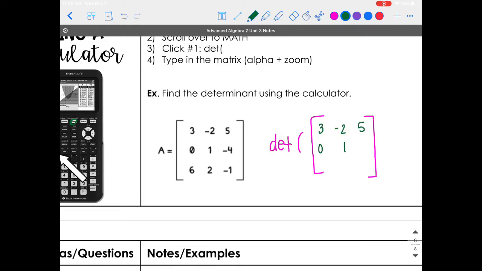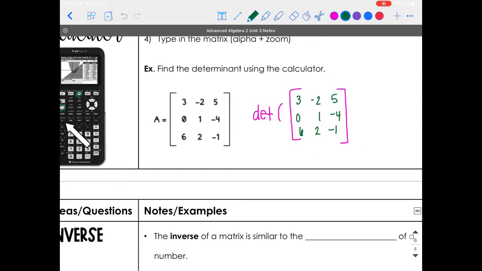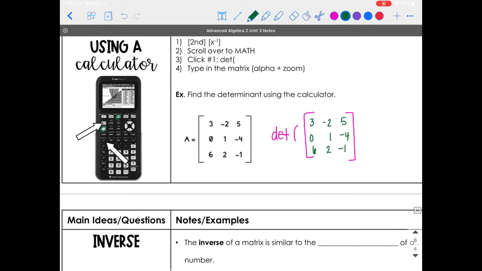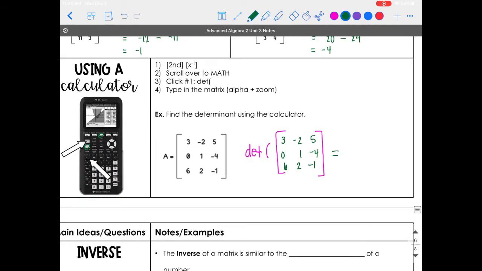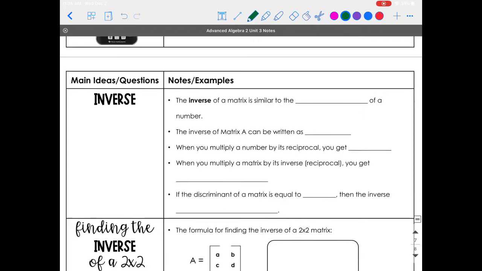And you would type in all of your numbers. And since I don't have the calculator, I can't do it. So if you type those in, you should get a single number as your answer. And if you email me with this answer, I will give you bonus points.